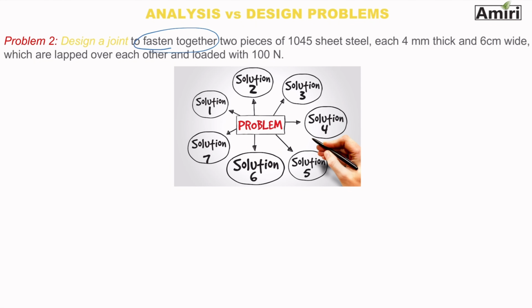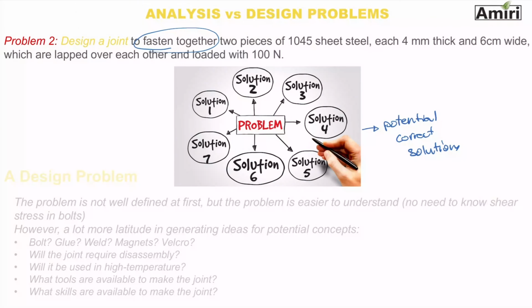You don't know how. You don't know if this is permanent, or if you need to consider any temperature. All of that information will affect the decisions you make. So there are decisions involved, and with every decision comes a potential correct solution. Some solutions might be better than others, but they're all correct solutions.